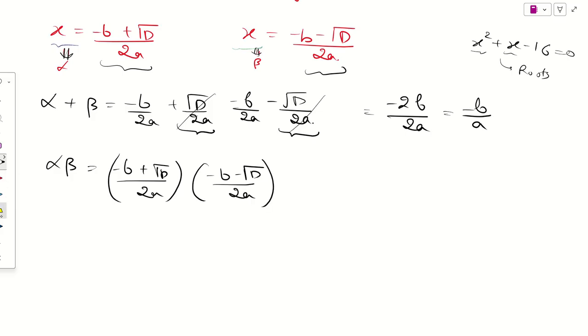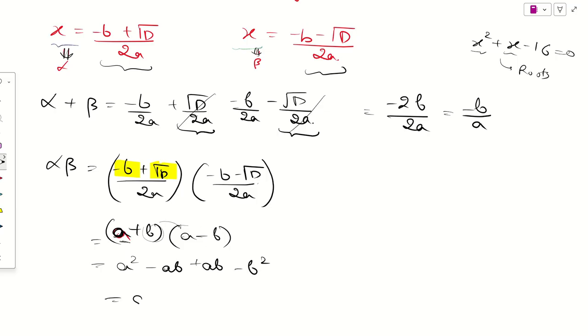If I assume that this minus b is a and under root D is b, similarly minus b is a and under root D is b, can you apply the distributive property here? This first term will multiply with this bracket first, a square minus ab, and this term will multiply with this bracket, then ab minus b square.